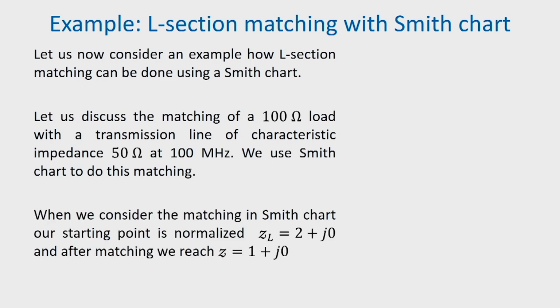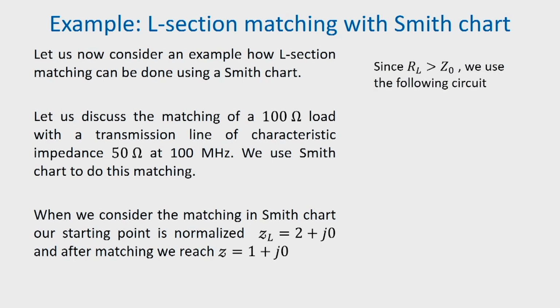So, when we consider matching in Smith chart, our starting point is the normalized impedance Z_L, which in this case is 2 plus j0, and after matching we reach the point Z is equal to 1 plus j0.